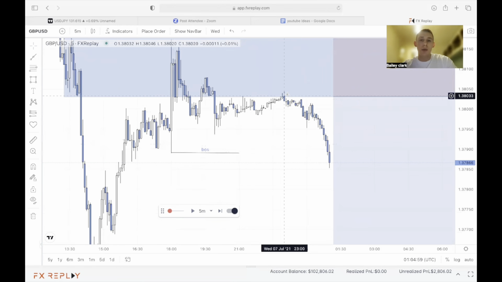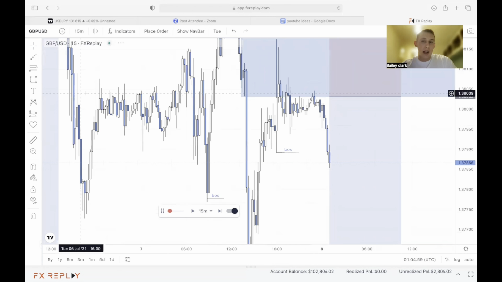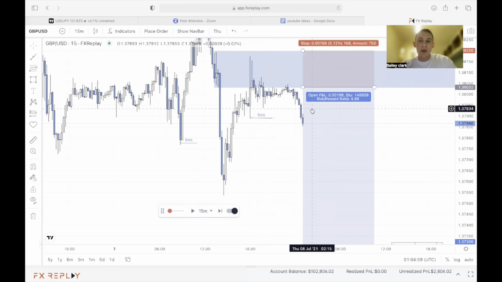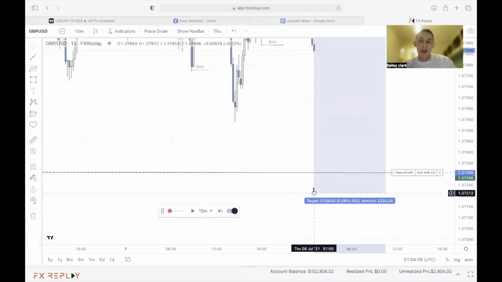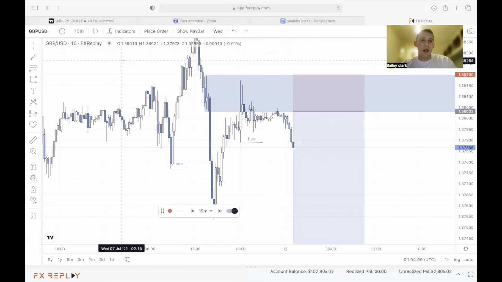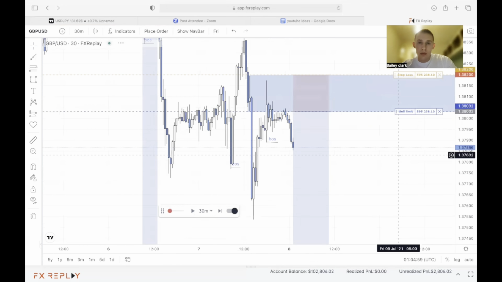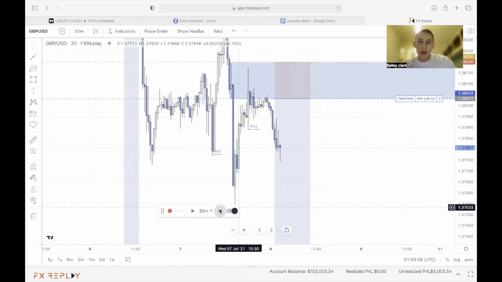Had the break of structure, we have liquidity. This would be a valid entry for me. So also targeting this area and set the limit. Let's see what it does.